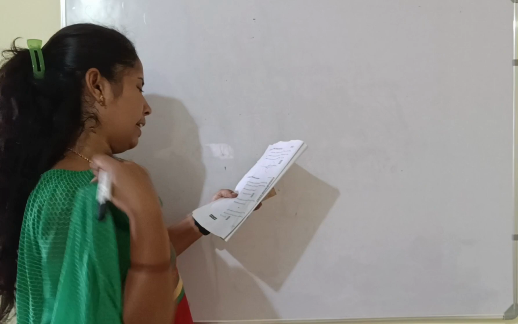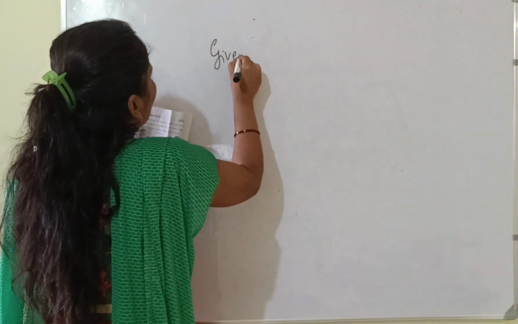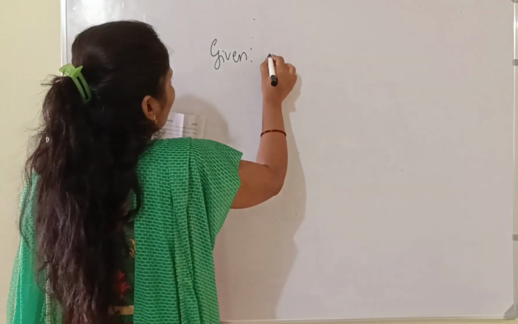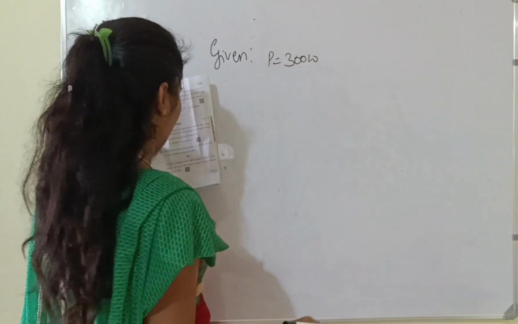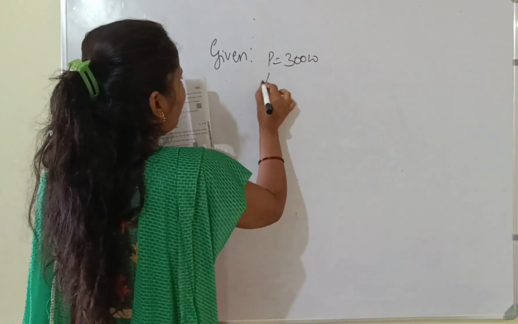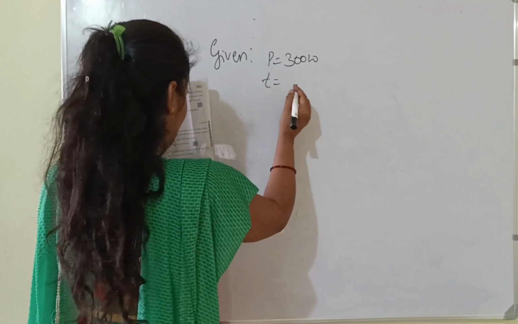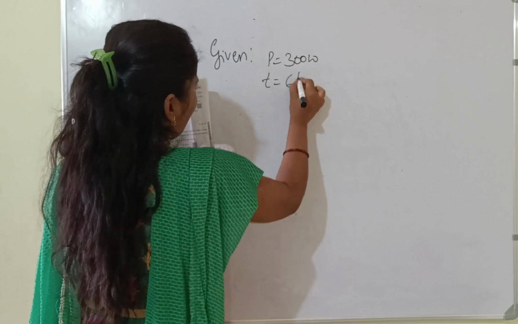So first write down the given. What they have given: power will be 300 watt, time 6 hours.